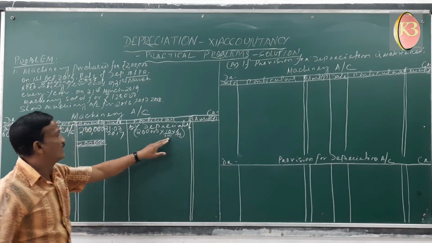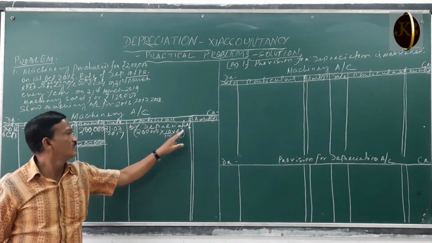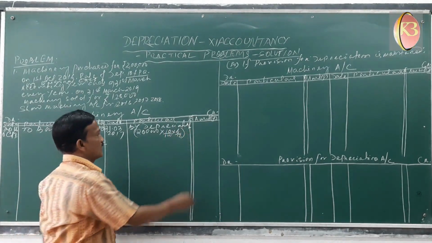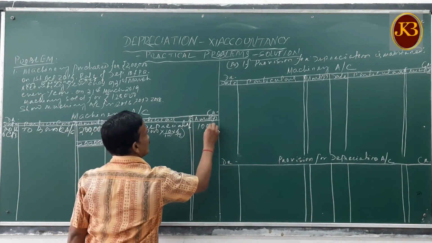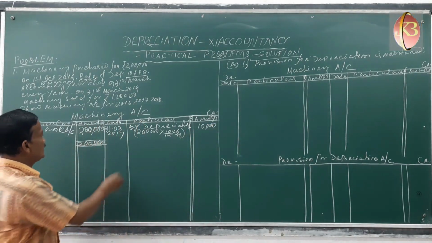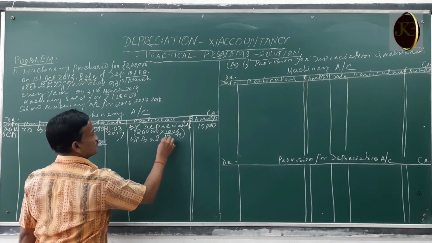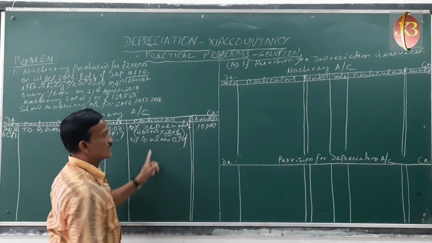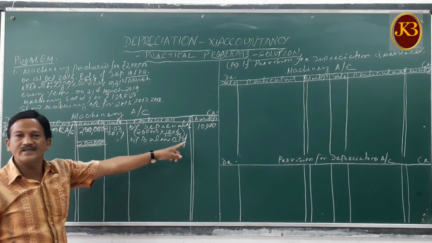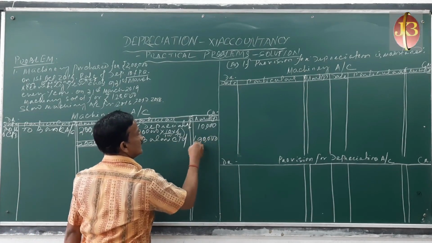So 10% of 2 lakh is 20,000, into 6 by 12, so this is 10,000. Is it clear? Then the remaining is balance carried down: 2 lakh minus 10,000, that is 1,90,000.